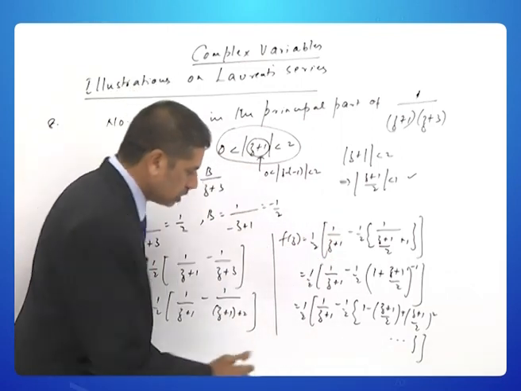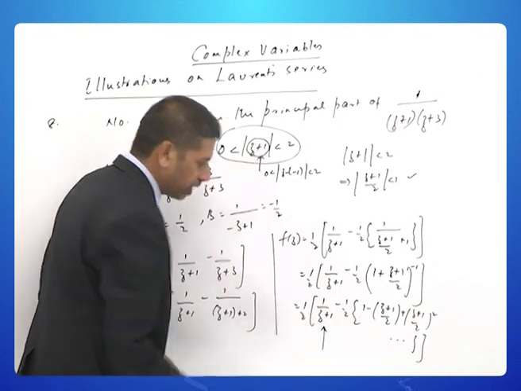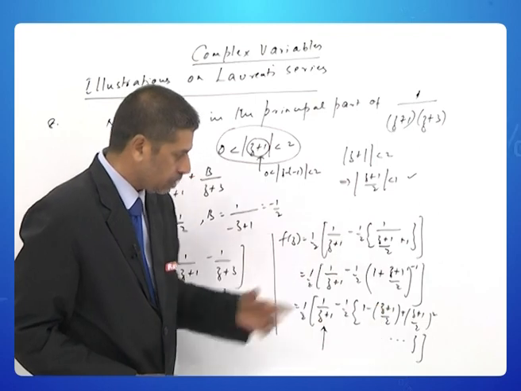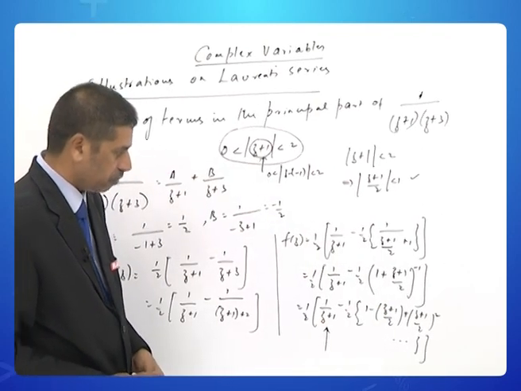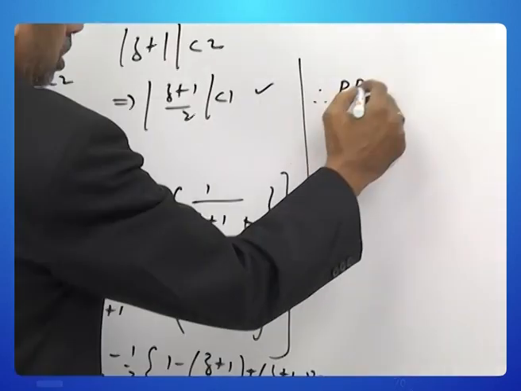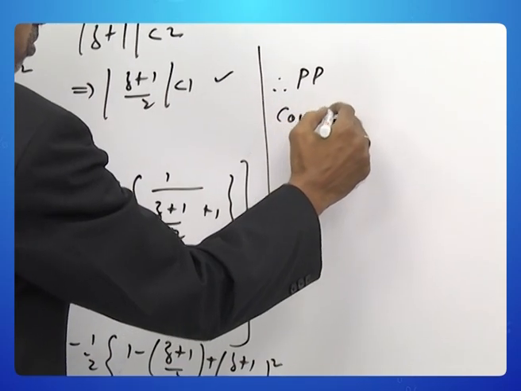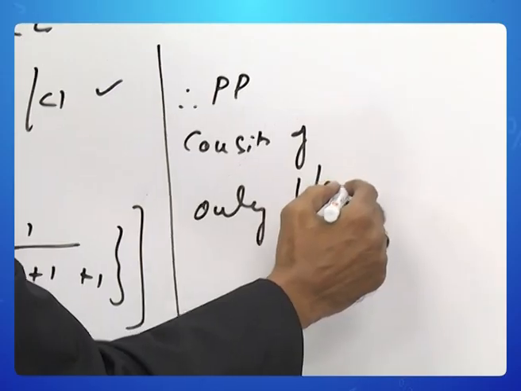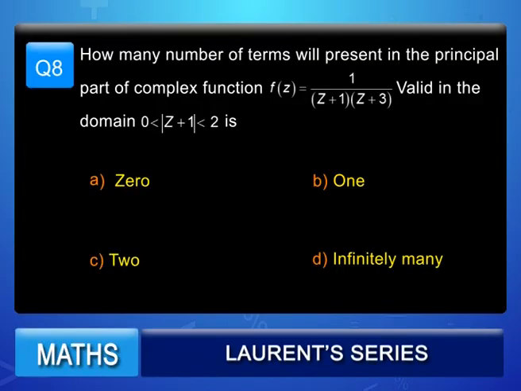So if you count, this is the only term having negative powers of z plus 1. All other terms are positive powers of z plus 1. Therefore, the principal part consists of only one term, and this corresponds to option B.